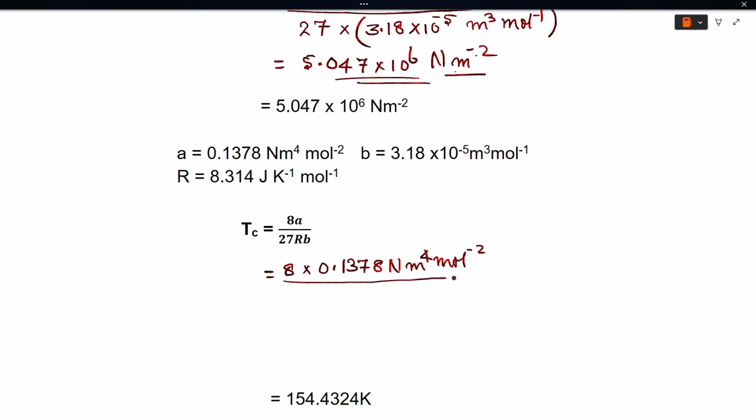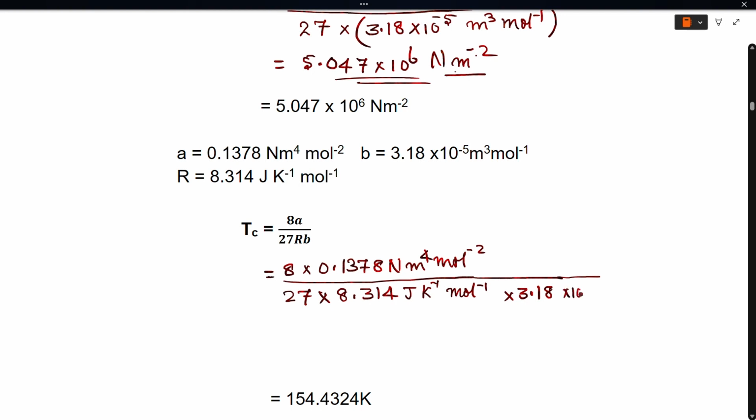Whole divided by 27 into R. R is equal to 8.314 joules Kelvin per mole. Then b. b is 3.18 into 10 to the power minus 5 meter cube mole inverse. Okay.